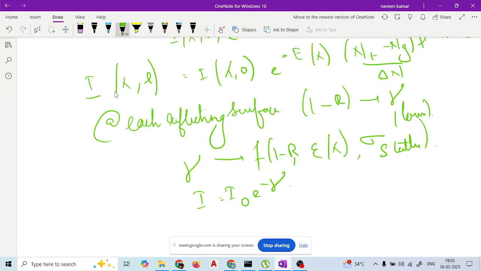Clearly the intensity will always be a function of lambda, that is the frequency. Different lambda get absorbed, so to be complete we should write I of lambda comma z.